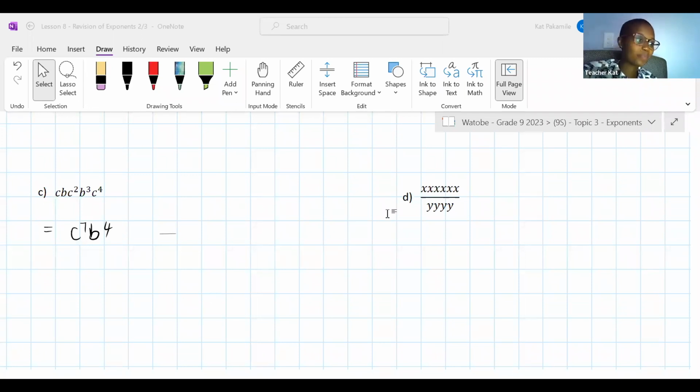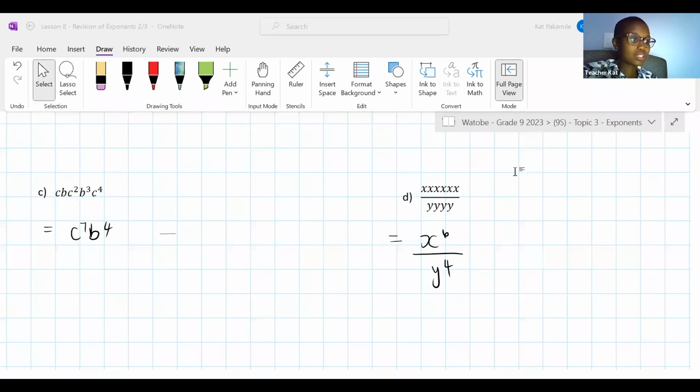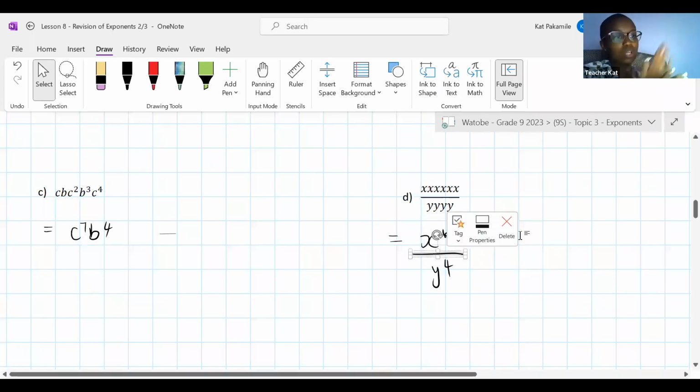Ma'am, for D, I got X to the power of 6 over Y to the power of 4. Thank you. You guys are superstars when it comes to these, eh? Thank you, guys. That went well. Well done. So we know how to put things in exponential form.